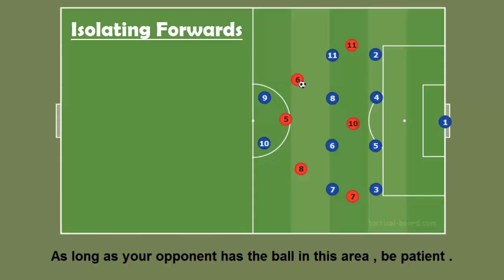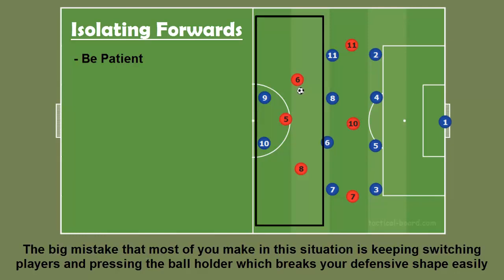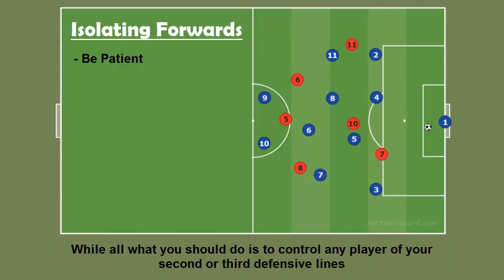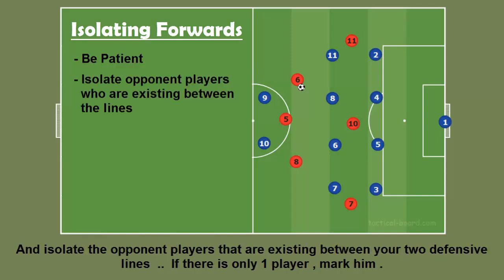As long as your opponent has the ball in this area, be patient. The big mistake that most of you make in this situation is constantly switching players and pressing the ball holder, which breaks your defensive shape easily. All you should do is control any player of your second or third defensive lines and isolate the opponent players that are between your two defensive lines.